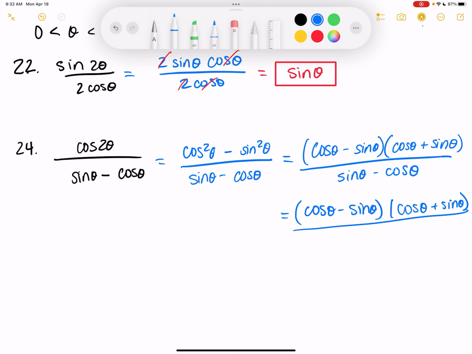And on the bottom, I'm going to take a negative out, and rewrite this as cosine of theta minus sine of theta, because if I multiply this minus sign through, I get back to what I had. So now bottom and top have the same thing. It can go away. So now I just have cosine of theta plus sine of theta divided by -1, or I can rewrite this as negative cosine theta plus sine theta.